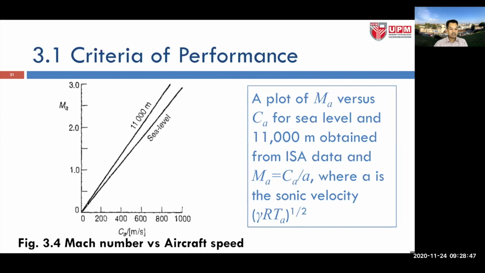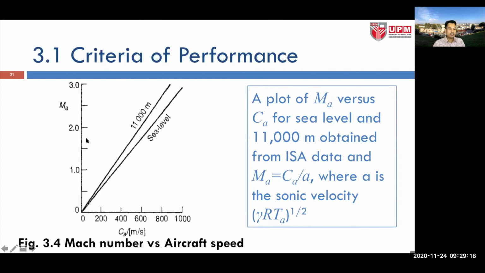Looking at this chart, a plot of the Mach number versus the incoming air speed for sea level and at 11,000 meters. This is obtained from the International Standard Atmosphere data, and the Mach number is equal to the speed of the air divided by a, where a is the sonic velocity, written here.